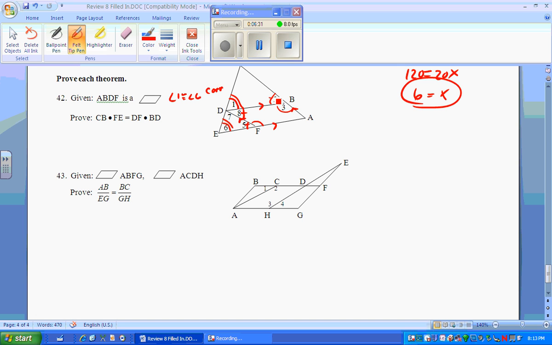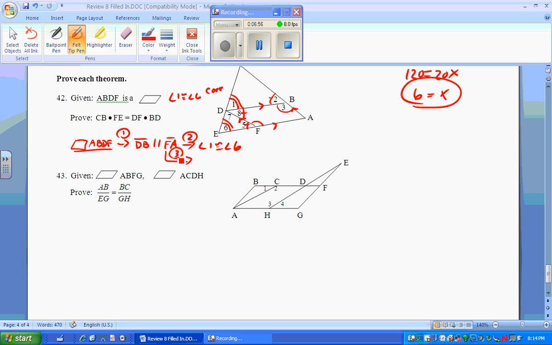So starting from the parallelogram ABDF, we can say that BD is parallel to FA. From there, we can say angle 1 is congruent to angle 6.